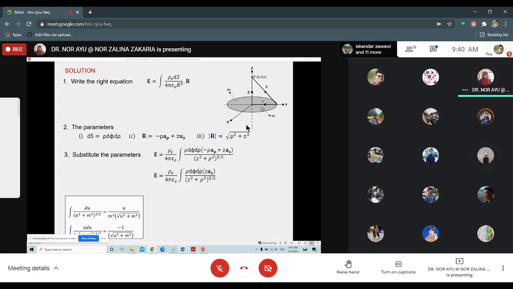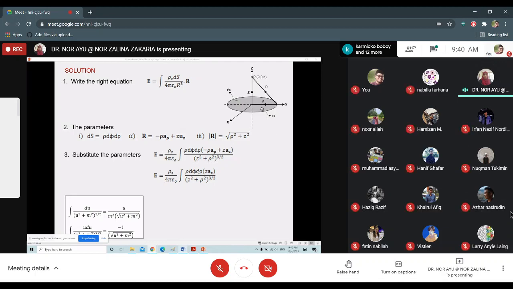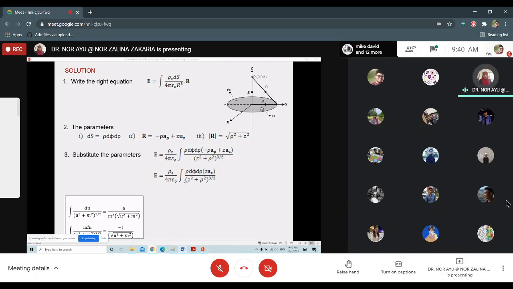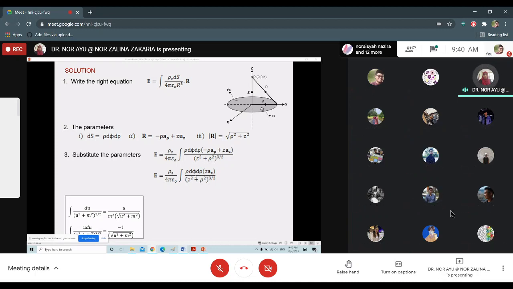Tak perlu guna. Kan? So let's say here rho S, rho dengan d rho kita kena integrate dia, betul? Okay, so integrations of rho d rho. So bawah dia ada rho juga, so kita kena divide with Z squared plus rho squared.